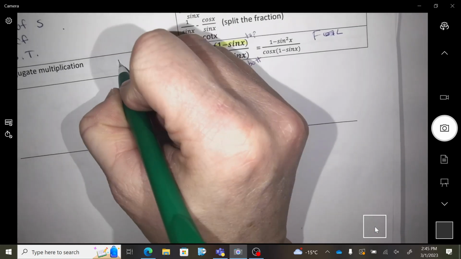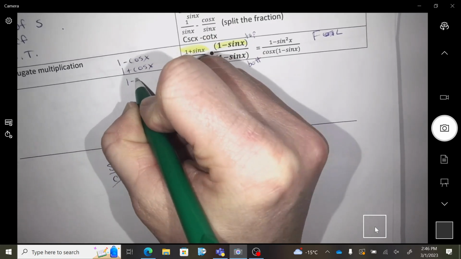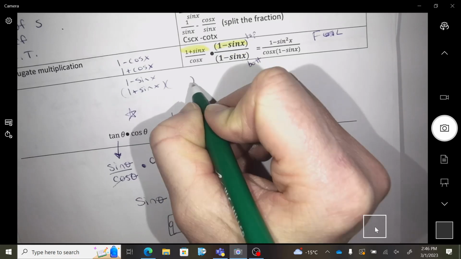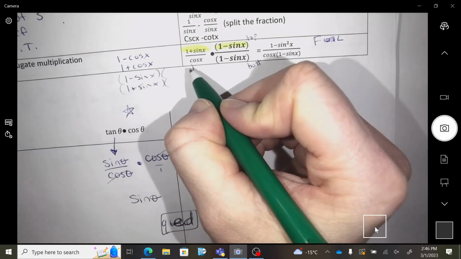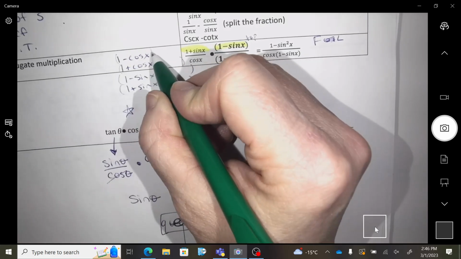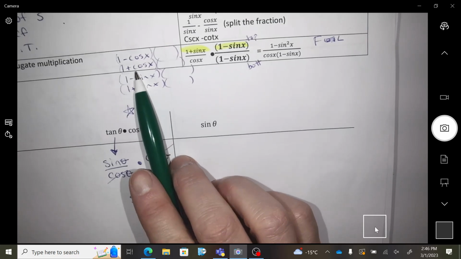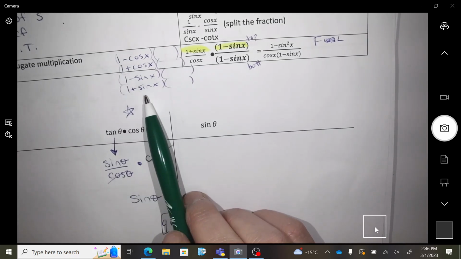Yeah, whenever you have like 1 minus cos x, or 1 plus cos x, or 1 minus sine x, or 1 plus sine x. Oh, it kind of makes sense, conjugate base and conjugate acid. It's like the opposite of them. Neutralizing them from the weakest and strongest. Yeah, awesome. Those are the things you would most likely see for that strategy that you want to tackle.